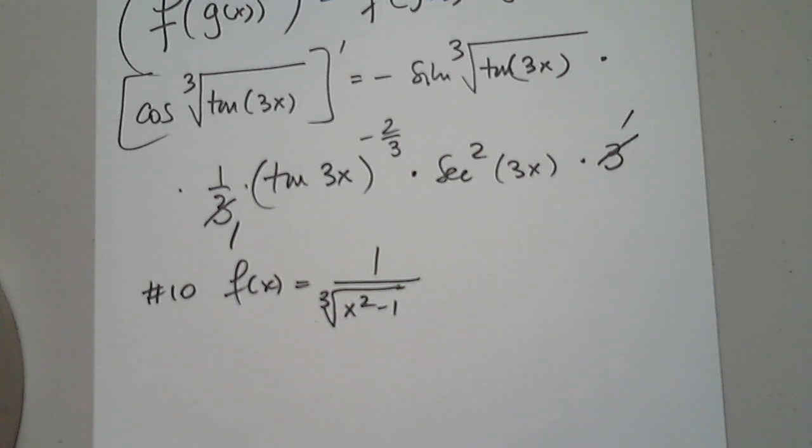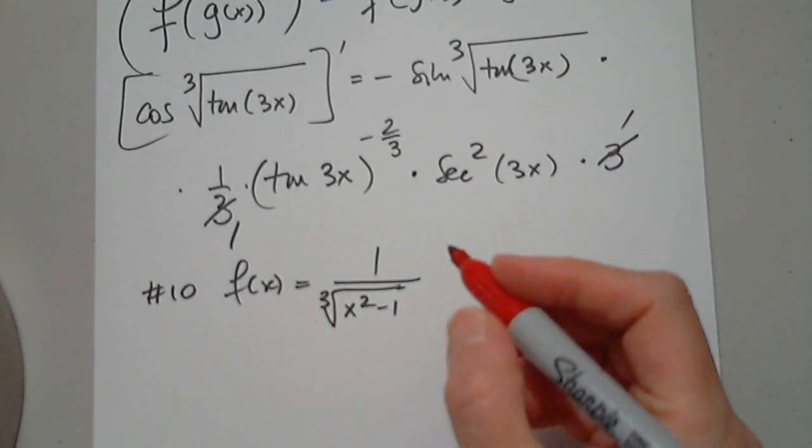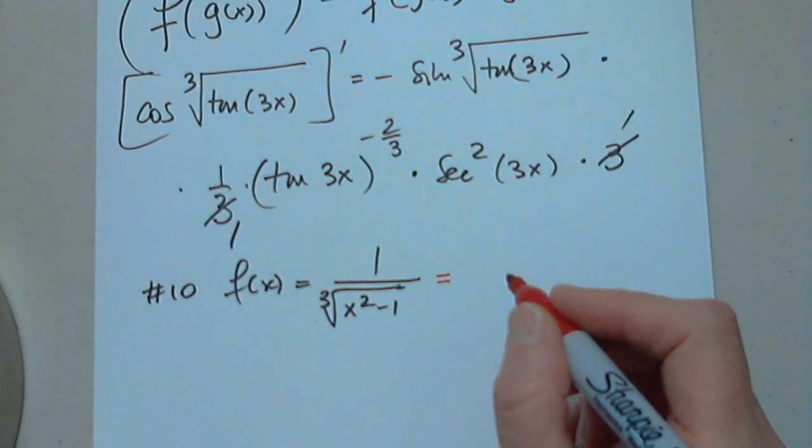Identify the inner? Not yet. We have one more very important step before that. Simplify. Yes, how will I manipulate the function to benefit me? Get rid of the cube root.